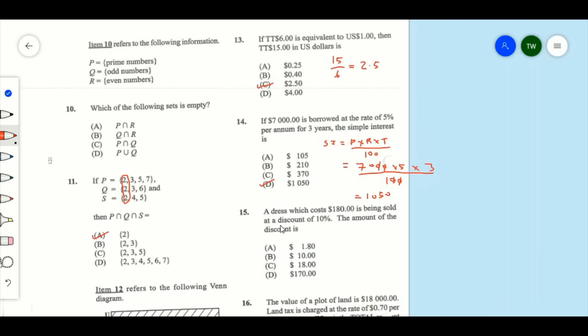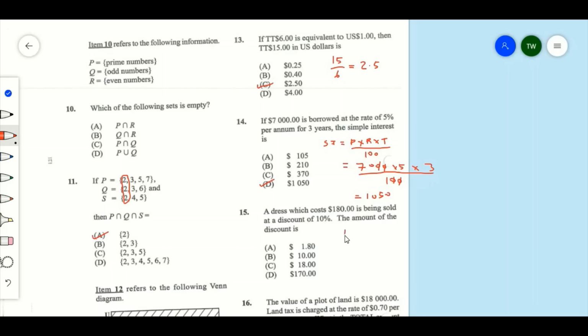Number 15, a dress which costs $180 is being sold at a discount of 10%. The amount of the discount is just going to be 10% of the cost price.